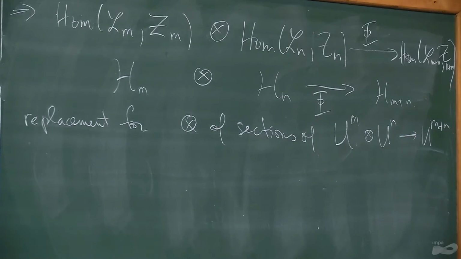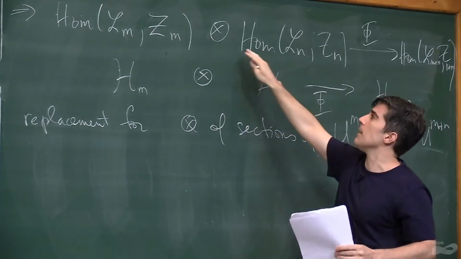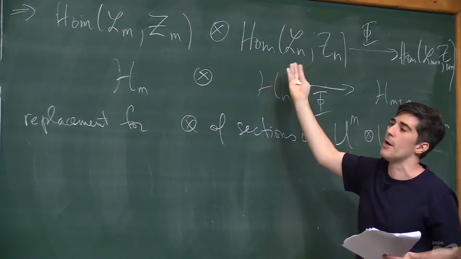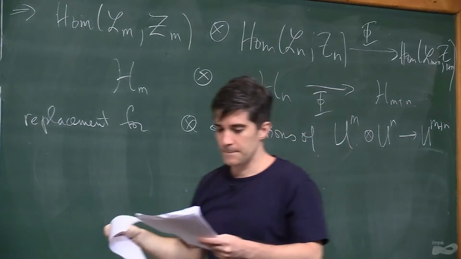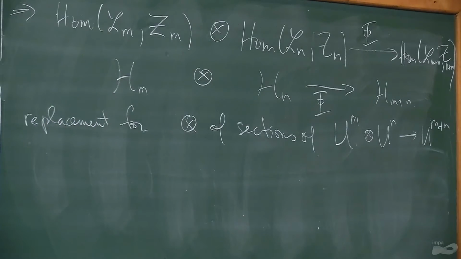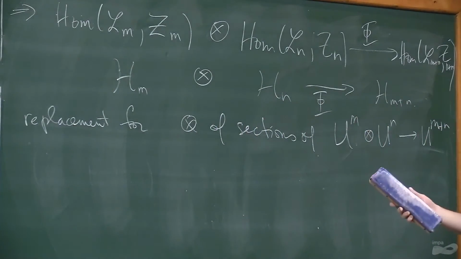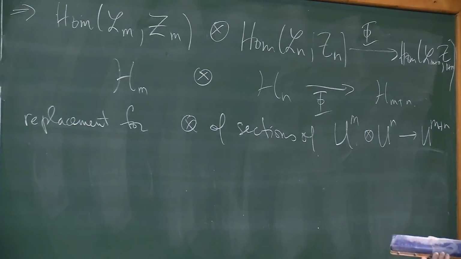So now we've taken the vector space and expressed it as a Hom space, and then we've taken the tensor product, the product on the algebra, and expressed it in terms of composition in the category, or this kind of double composition, or however you want to call it. Okay, so this is the proposed solution to the problem.